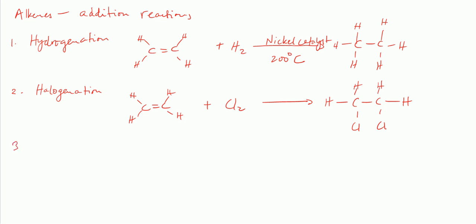So the third type of reaction that you need to know is hydration. And that is simply the reaction of ethene with water or steam. Right? So in this reaction here we have ethene plus H2O, which is steam, really, gas.